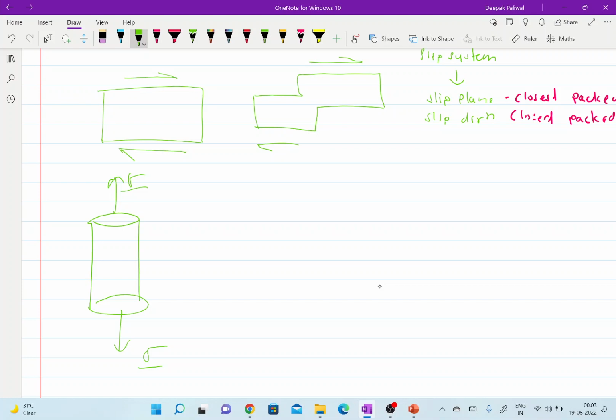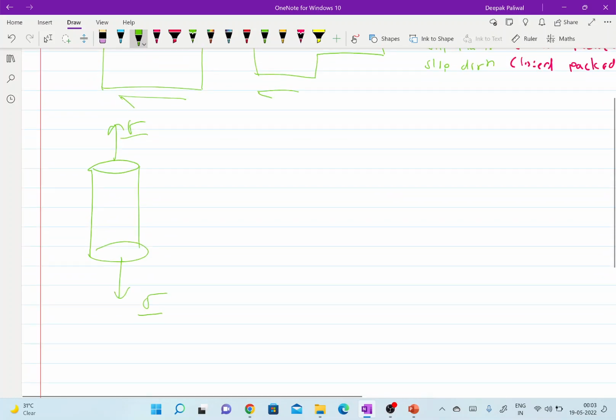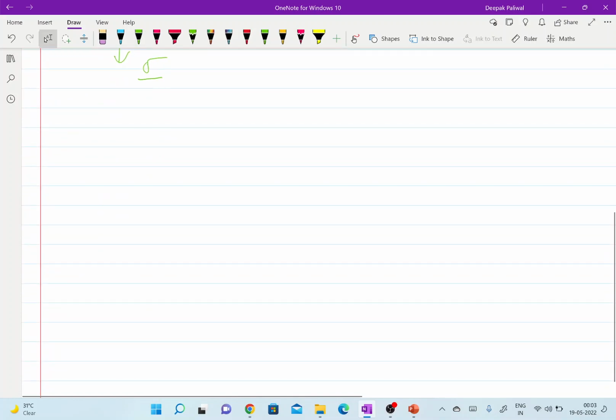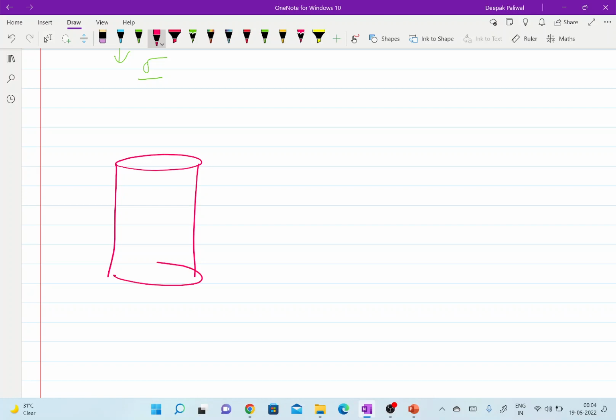Let me have this kind of material, and I am applying the load sigma along the y direction. This is my x, this is my y, so I am applying the load along the y direction.